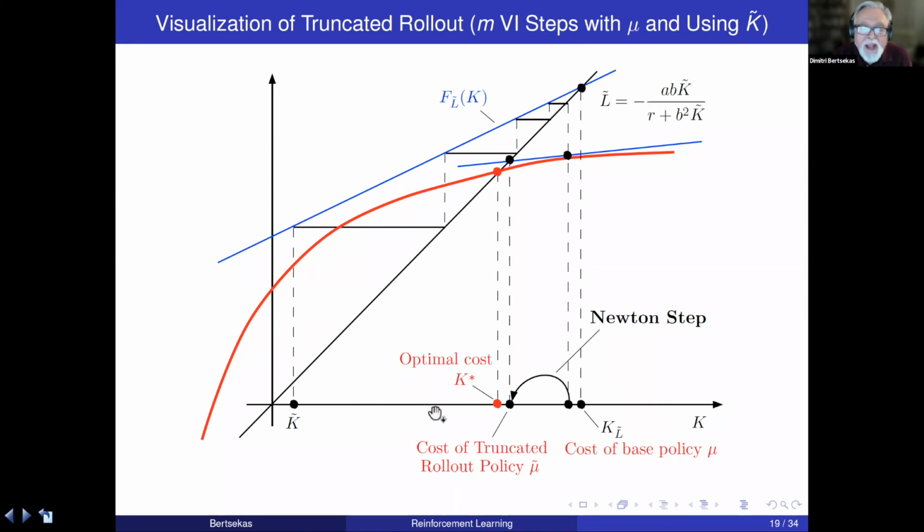Now, when I said that many value iterations will not help, that doesn't mean that the method will not work. They will simply push us to a more unfavorable starting point for the Newton step.